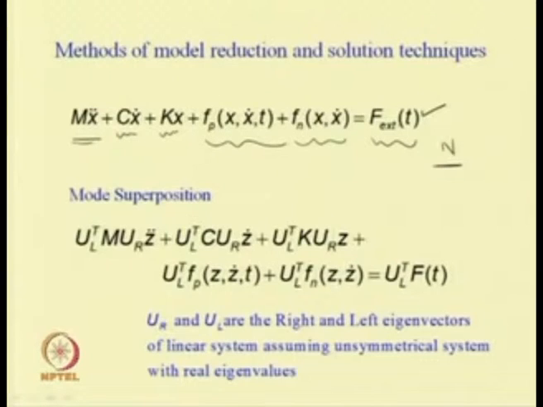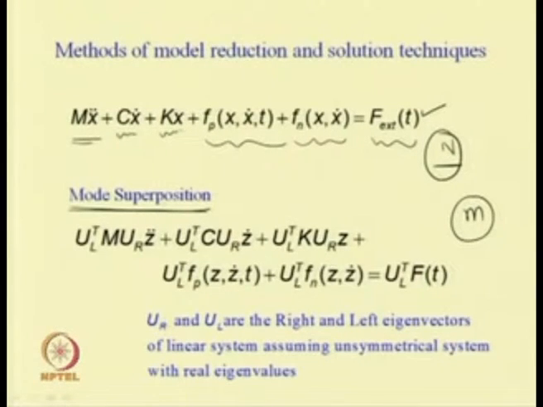Using the mode superposition method, which is the simplest one, one can reduce the size of this equation. So, this equation can be reduced to that of order m, where m is much less than n, by using the right and left eigenvectors of the linear system, taking the linear system m x double dot plus k x equal to 0 and A equal to m inverse k.